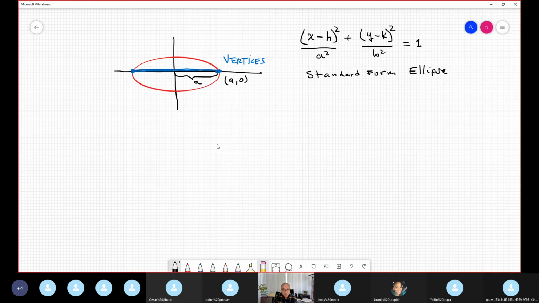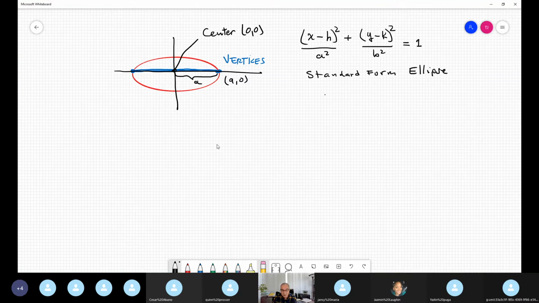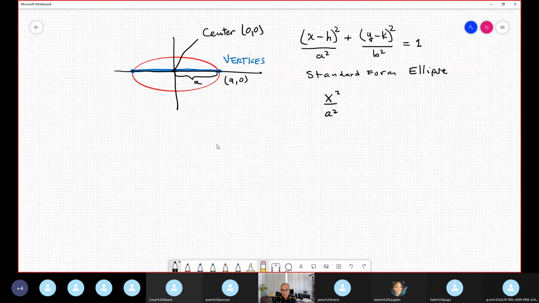In this case, I suppose that the center is 0,0, to make this explanation easy, so h and k are 0 and disappear, and my equation looks like that.